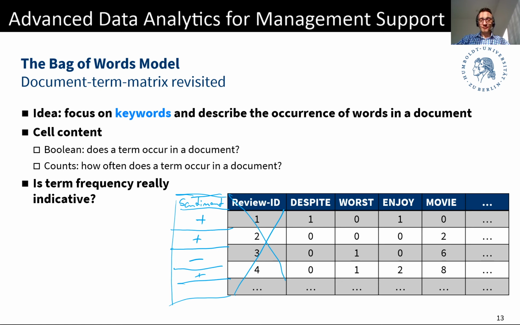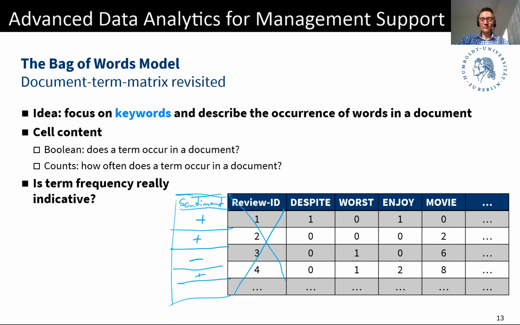But the big question, if we run classification, if we run random forest on this data, is, are the words, and whether they occur or not, is that really indicative of the sentiment? For sentiment, it's maybe good enough. For sentiment analysis, it's maybe enough to just do some sort of keyword spotting.